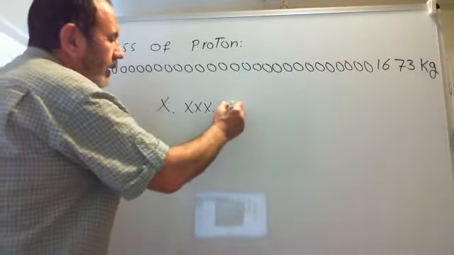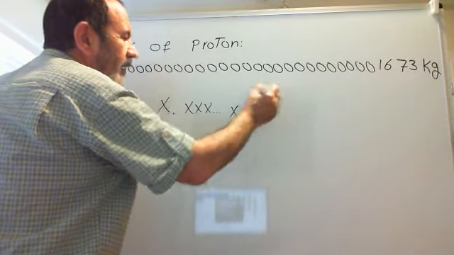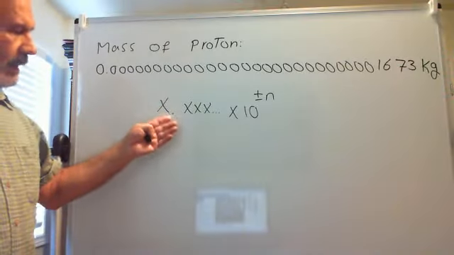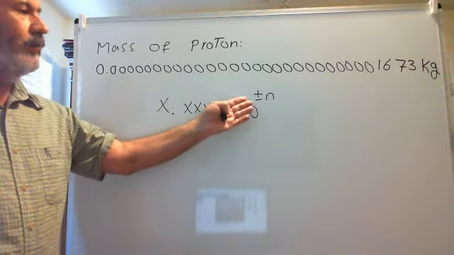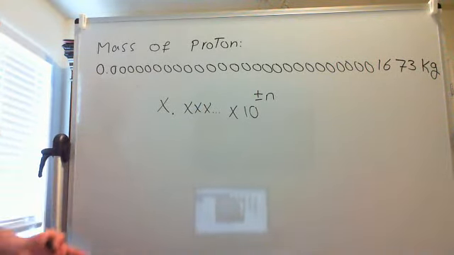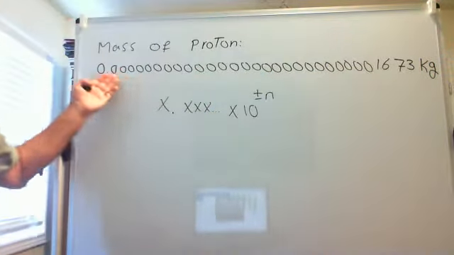Multiply by 10 to the power of a positive or negative number. So the general format is x, decimal, non-zero digits after the decimal, multiplied by 10 to the power of a positive or negative number. Okay?